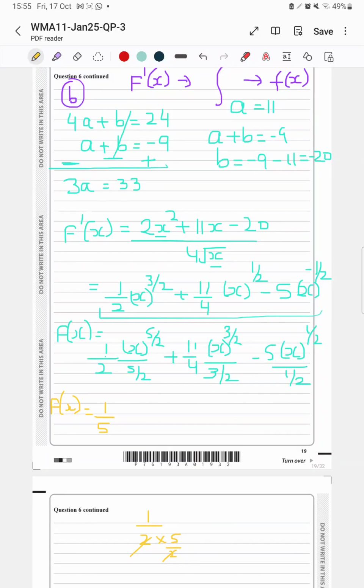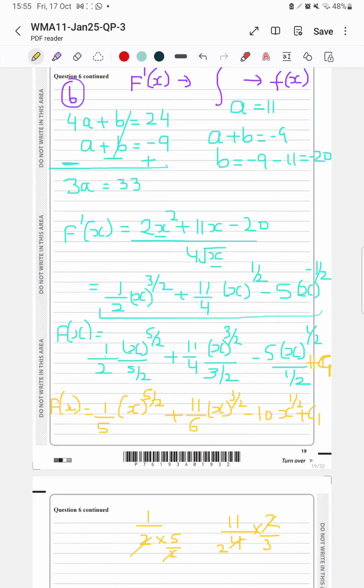So 1 by 5, and then x to the power of 5 by 2, and here you have to add a constant of integration as well, because we have integrated. Now c1 is the constant of integration. So this is x to the power of 5 by 2 plus 11 by 4 into 2 by 3, reciprocal. So this is 11 over 6 times x to the power of 3 by 2, and then minus 10, similarly, x to the power of a half plus c1.